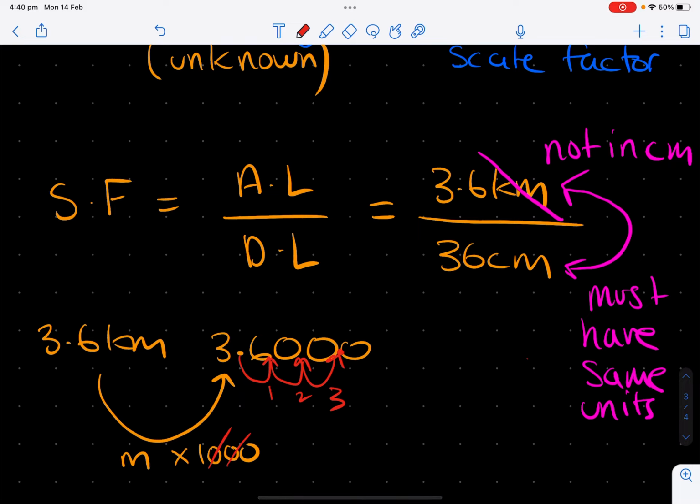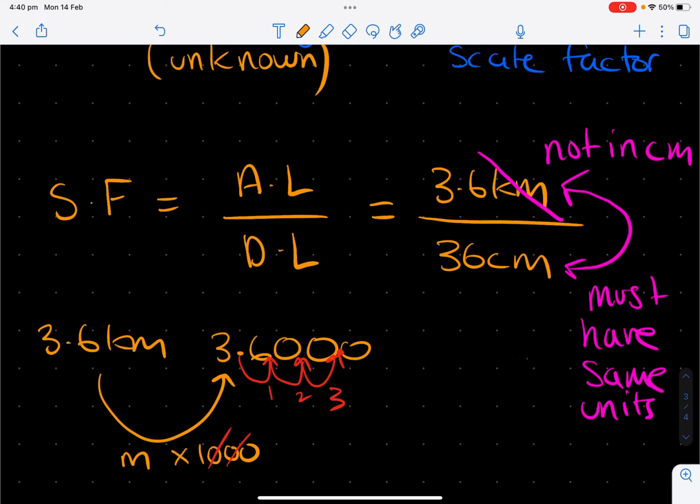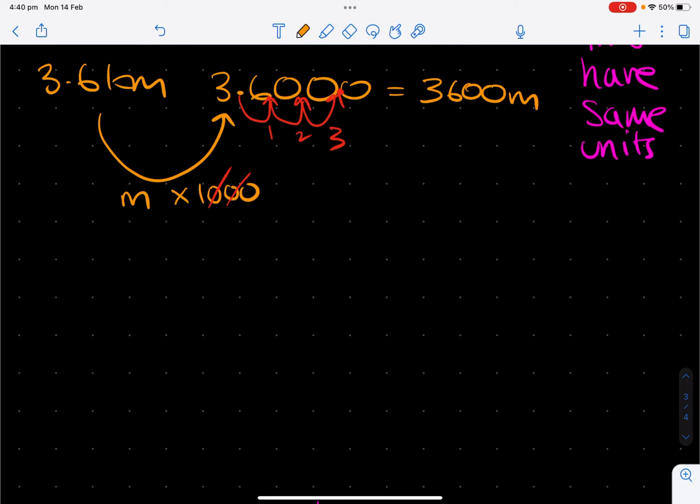So our decimal place is going to be here after 2 zeros there. So we now have that equals 3,600 meters.